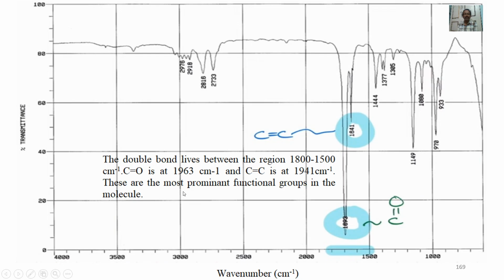These are the most prominent functional groups in this molecule. We have three bonds, one is C=O, another is C-C. Here we have two bonds, C=O and C-C.